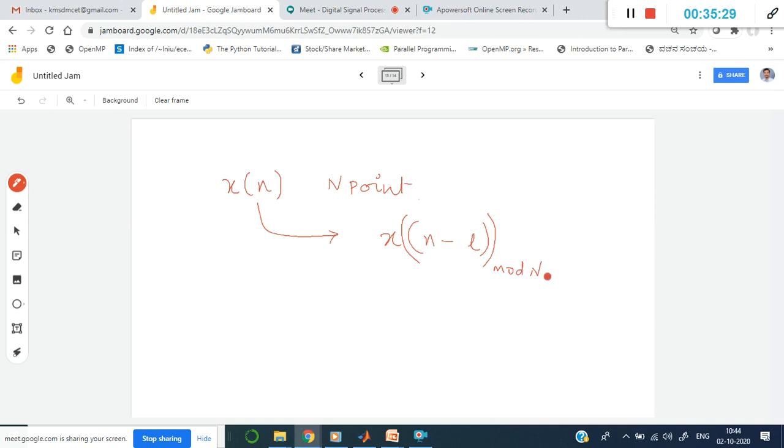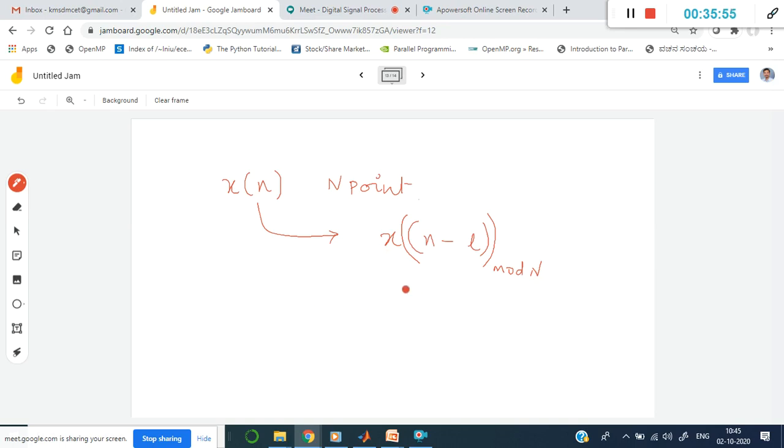Which means that in the time domain the signal will repeat back with the same value, since all the time we will be discussing these signals as periodic signals in the frequency domain. When I say circular time shift, the time shift is going to be performed in a circular way.